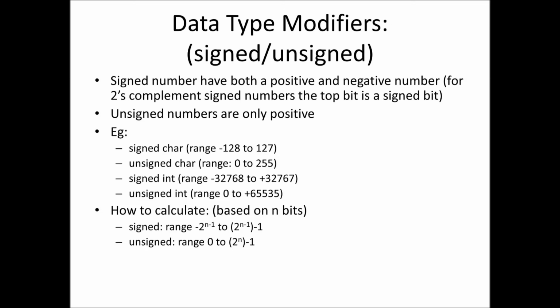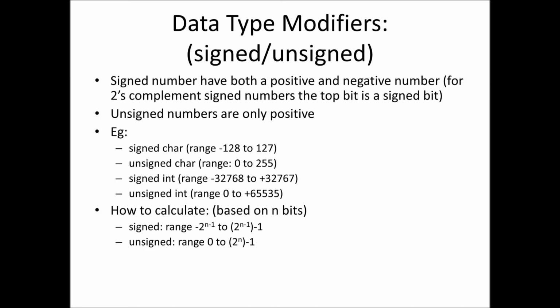One thing that might be useful is to work out what the largest number that we can represent is in a particular variable. The way we do this is for a signed number, we can represent from minus 2 to the power of n minus 1, where n is the number of bits, so for an integer it's 16. That's the minimum number it can represent, to 2 to the power of n minus 1, minus 1.